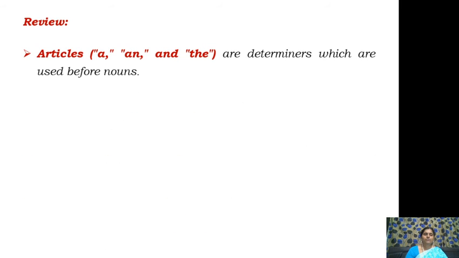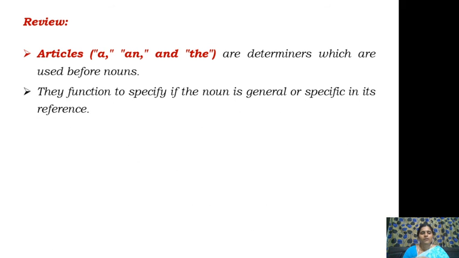And let us review whatever we have discussed in this video, regarding the uses and rules of the articles. They are also called determiners: a, an, and the are determiners, which are used before nouns, and they function to specify if the noun is general or specific in its reference.